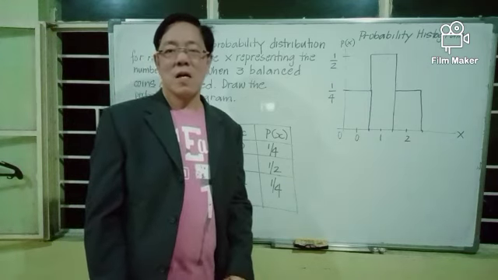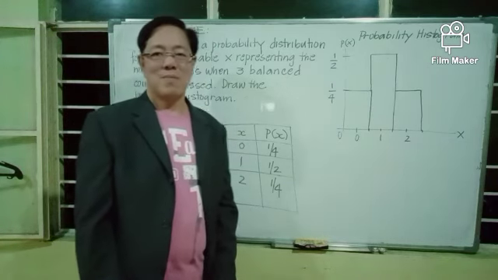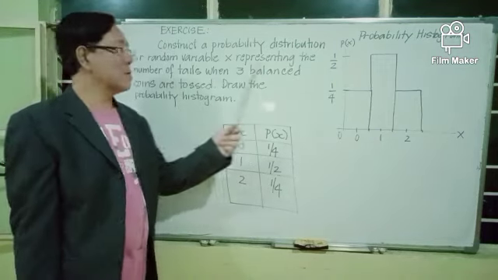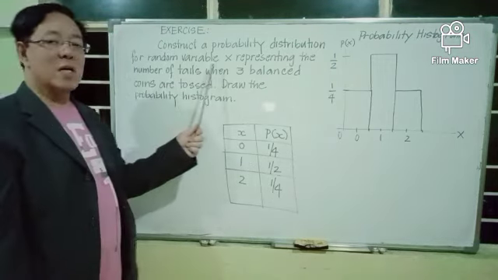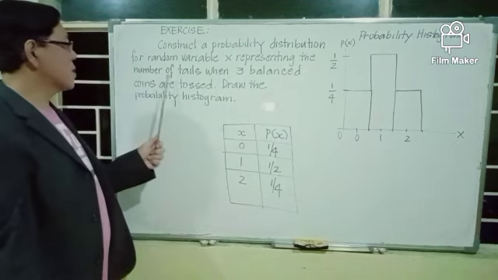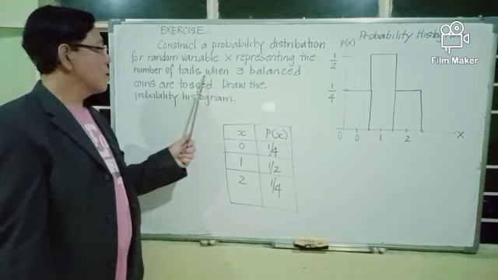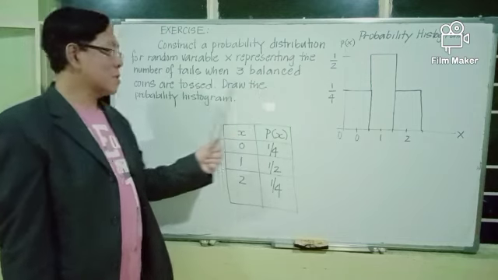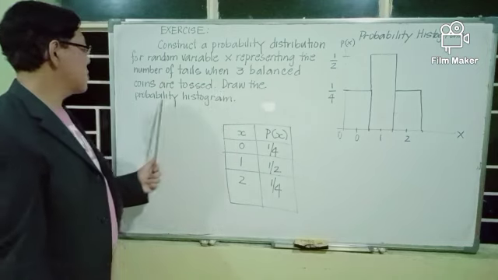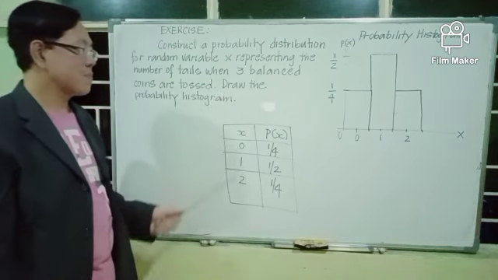For your exercise, please try the following problem. Construct a probability distribution for random variable x representing the number of tails when 3 balanced coins are tossed. Draw the probability histogram.